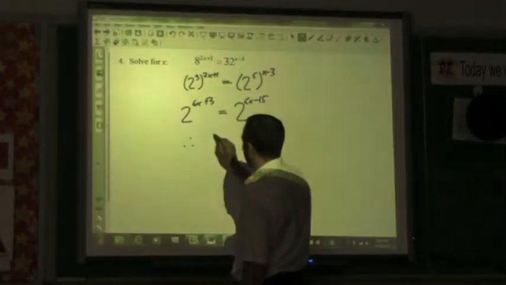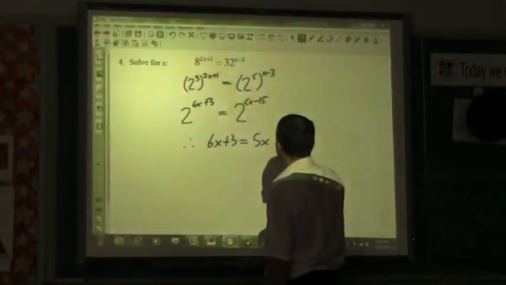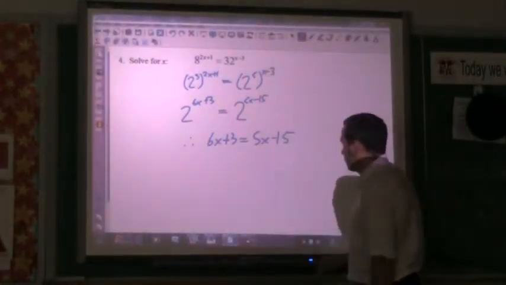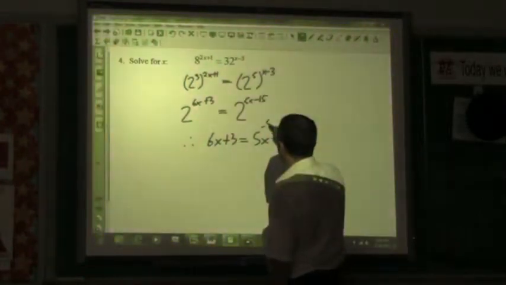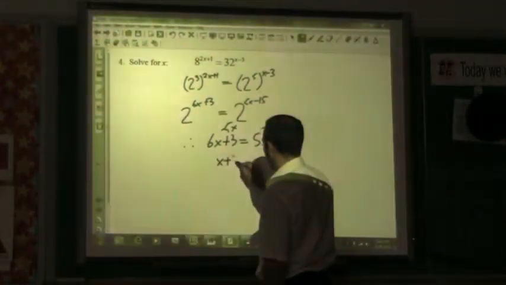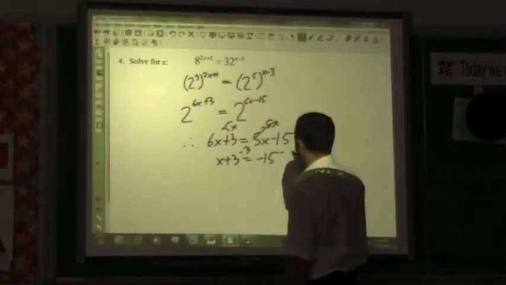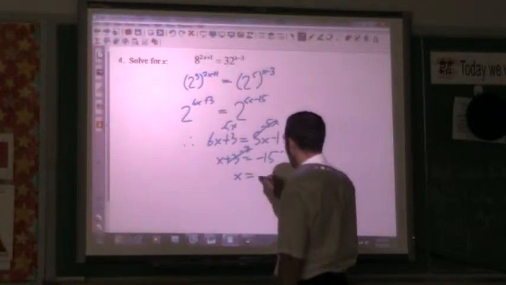So therefore, 6x plus 3 must equal 5x minus 15. Solve for x, take x to the other side. Subtract 3 from both sides. X equals negative 18.